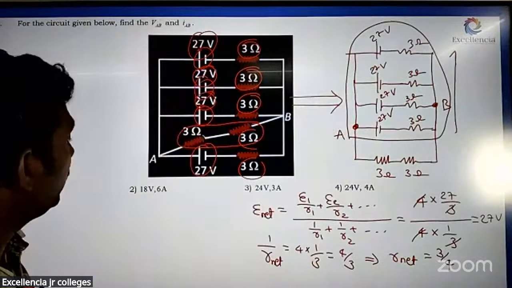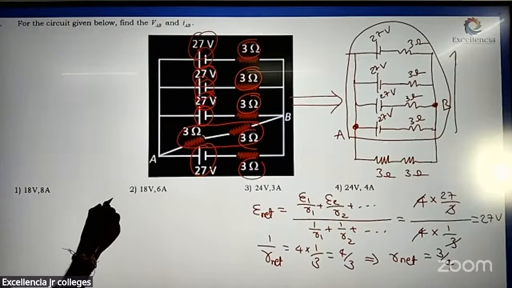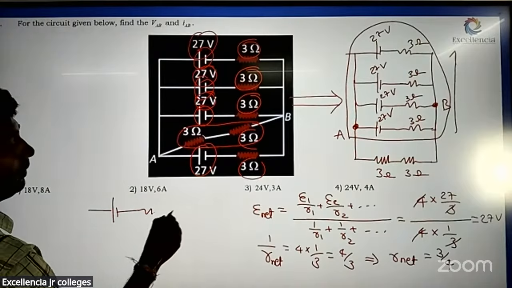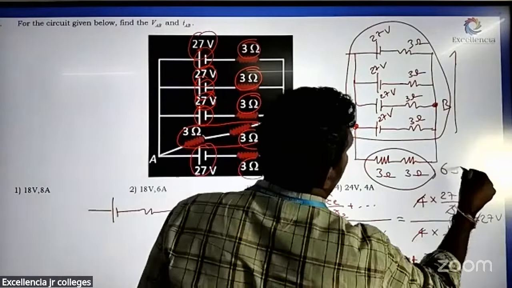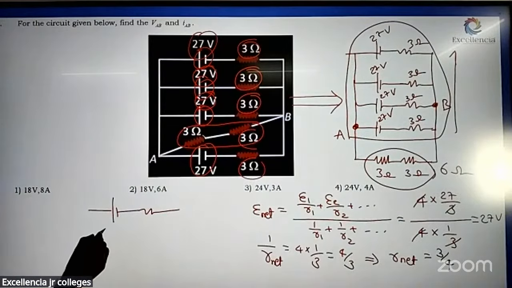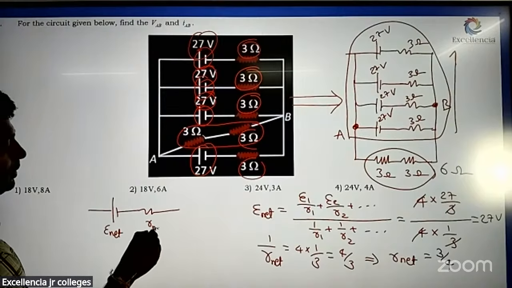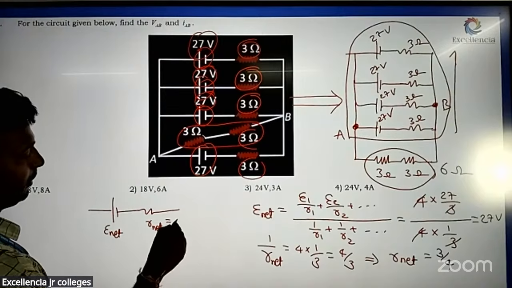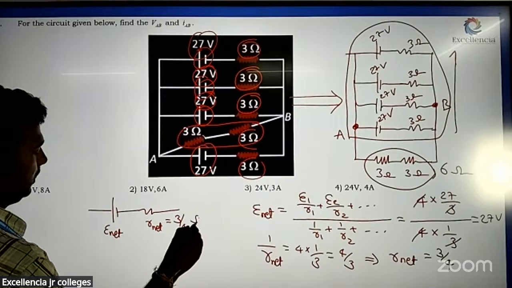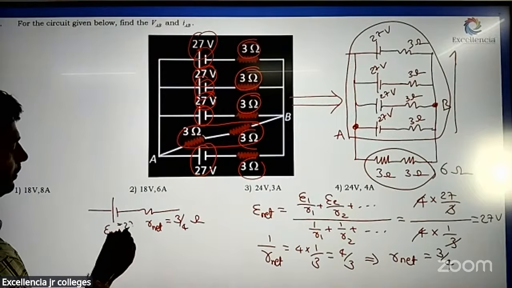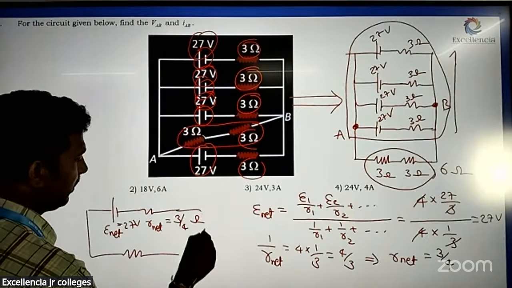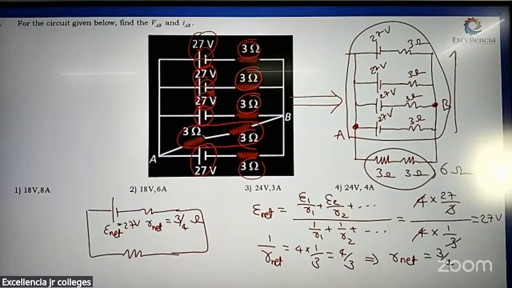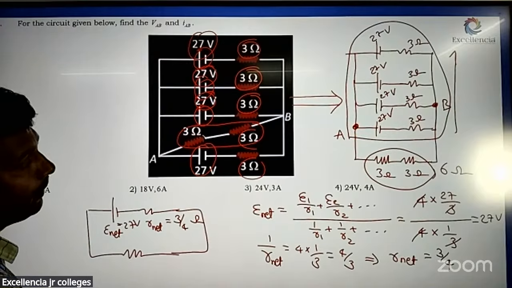Now this circuit we can draw as follows, and these two are in series, so we can write 6 ohms. This will be E net and this will be R net. R net value will be 3 by 4 ohms, E net value will be 27. And with this we have 6.